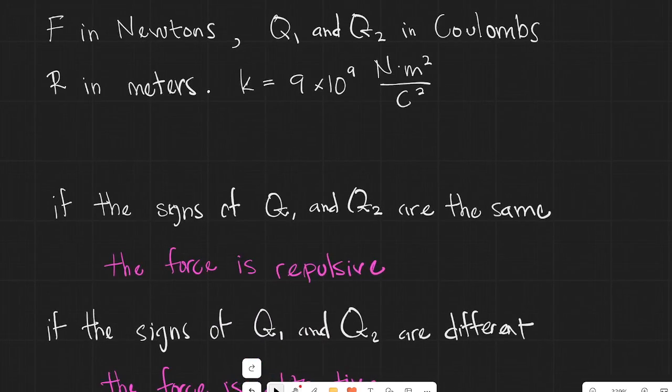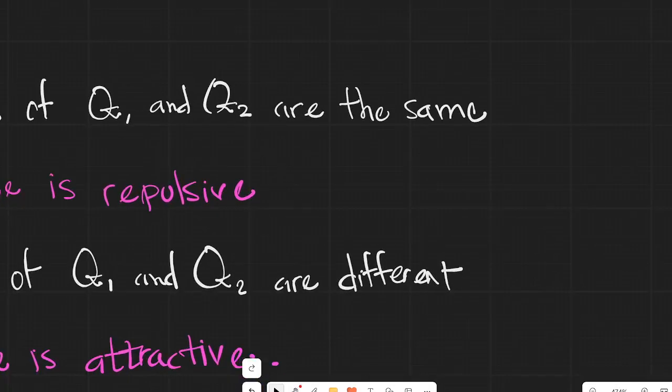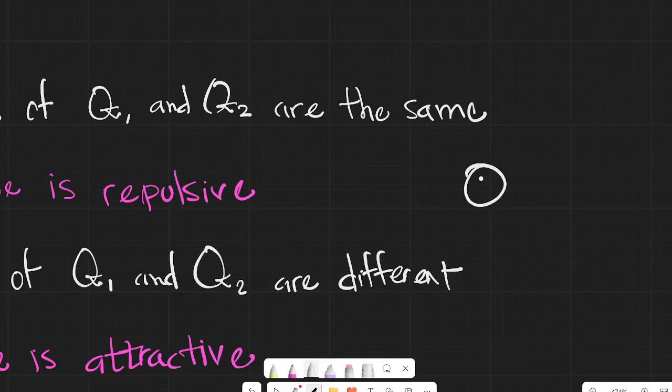So if the signs of Q1 and Q2 are the same, that means that the force between them will be repulsive. So you'll have two particles, and let's say they're being held in place by a machine. We have Q1, Q2, and let's say they're both protons, so they both have positive charges.